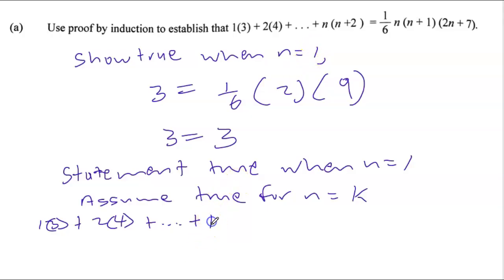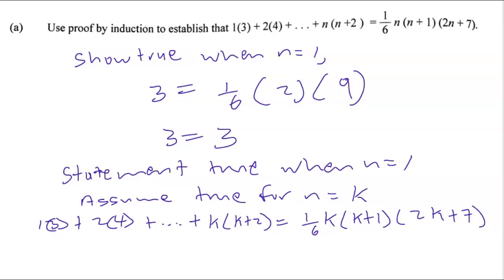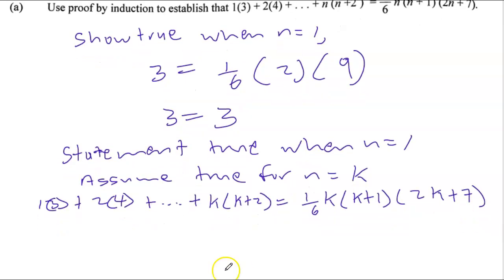So the kth term is k times k plus 2. On the right, replace n with k everywhere. Just 1/6 k, summing the first k terms, times k plus 1 over 2k plus 7. That's step 2. And the final step, step 3, is to show it's true for n equal to k plus 1.